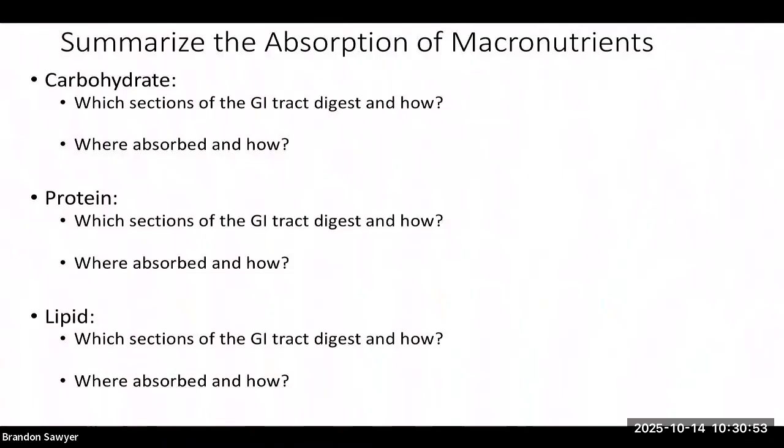With proteins, we don't do much until we get to the stomach. Then the low pH denatures the protein, unfolding it a bit, and pepsin helps start breaking long polypeptide chains into shorter ones. In the small intestine we have all of those pancreatic proteases and the brush border enzymes, and the whole activation process we talked about with trypsin.